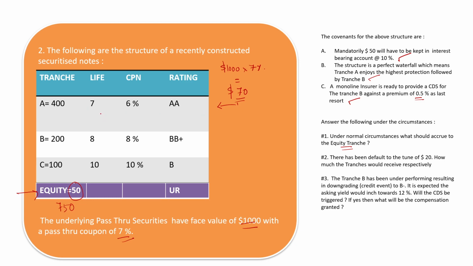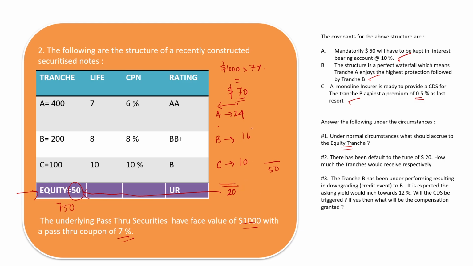So tranche A would be getting $24. Tranche B would be receiving $16, and tranche C would be receiving $10, thus totaling $50. So the remaining portion of $20 would accrue to this equity tranche holder.